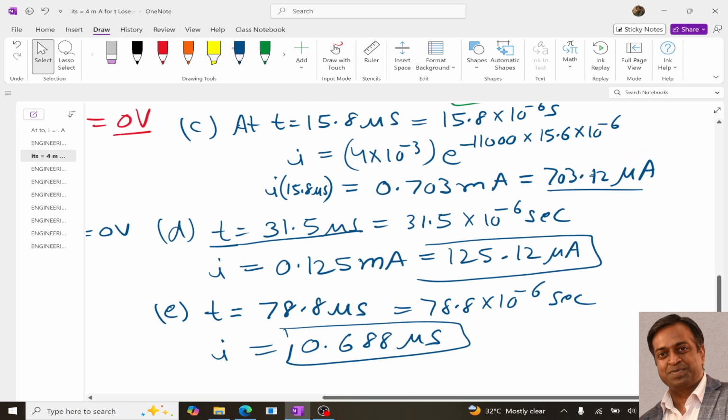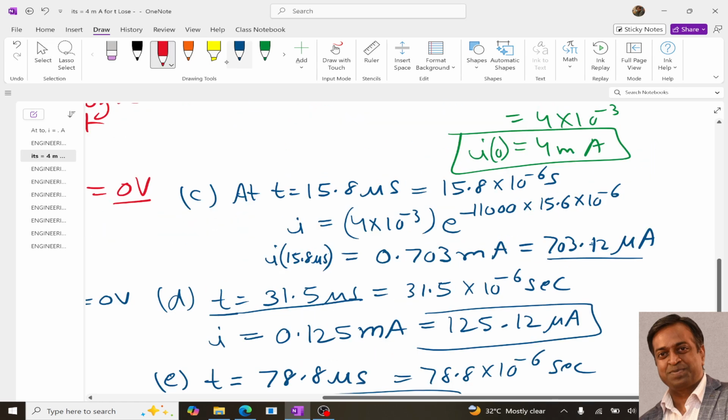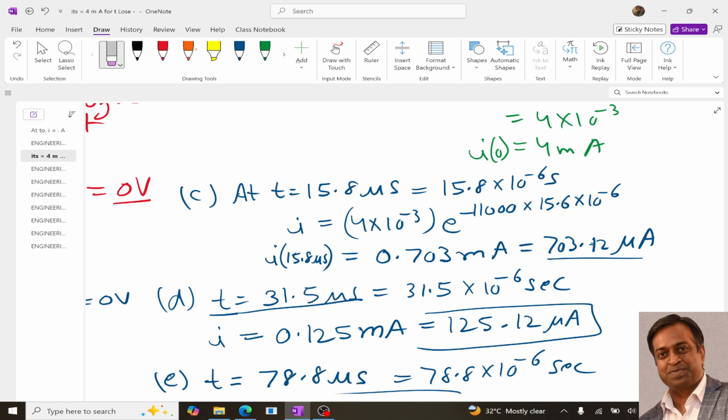Now you can see, if you look at the C, D and E parts, initially at 0 the current is 4 milliampere, or we can say 4000 microampere. Then after 15.8 microseconds, the current reduces to 703.